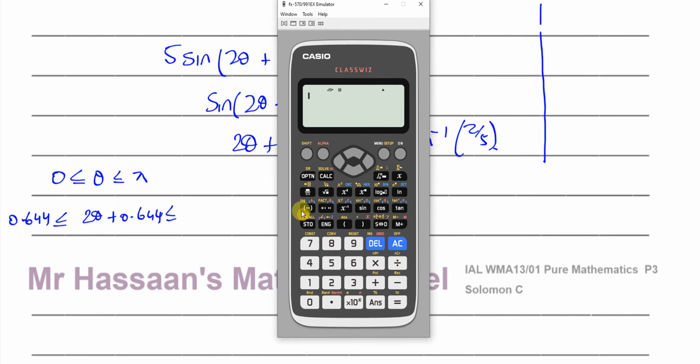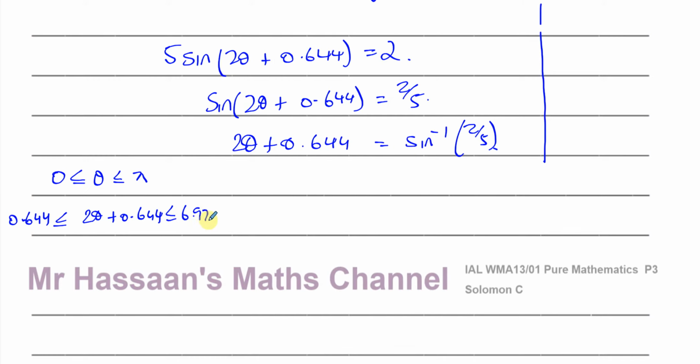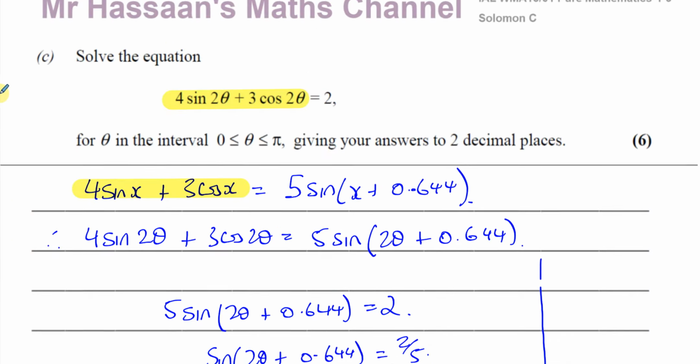So I've got my answer here, 0.644 plus 2 times pi. That gives us 6.927. So I know that I have to get all the angles within this range, starting from there to there, and then that will give me the solutions in the range required.